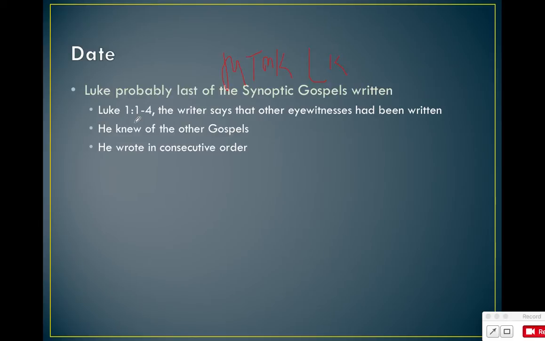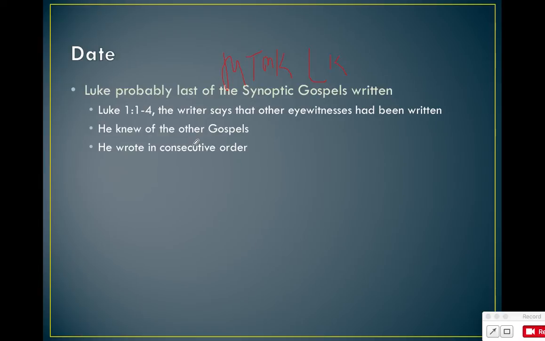And so, the assumption for this class is that Mark came first, then Matthew and Luke. So Luke is telling us, hey, there have been other eyewitnesses, other accounts. He also could have been talking about some of Paul's books that maybe had been written by that point, a few of them. But he tells us that there are other things written.